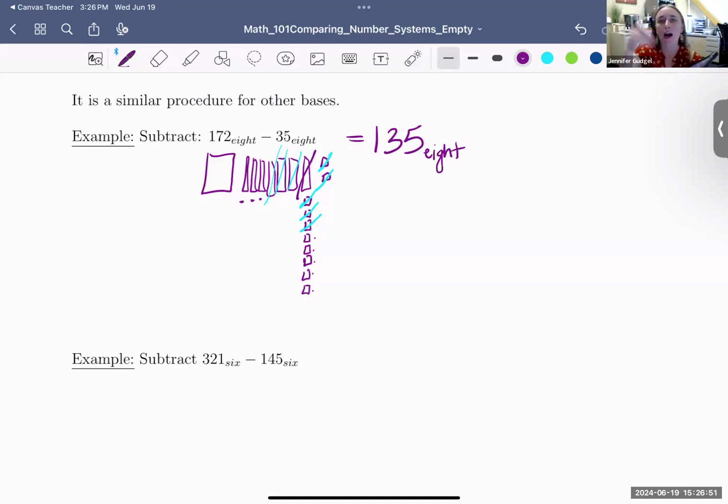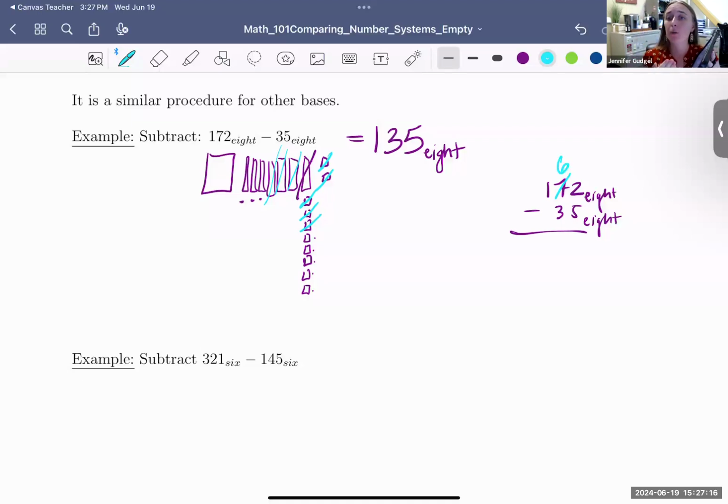Now let me do it the algorithmic way so we can see it that way as well. 172 base 8. Subtracting 3, 5, base 8. When I go to subtract, I start with my units and I don't have enough. So we are regrouping. We're borrowing according to how we kind of phrased it when we were taught as young children, right?